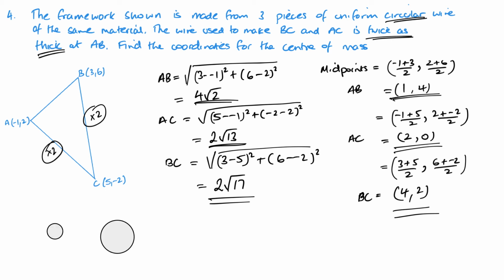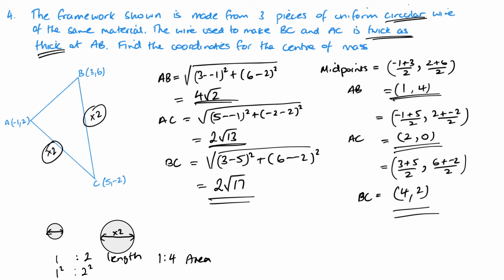So if I've got a circle, and it's now twice as thick as the original, then it's not going to be twice the area, is it? Because it is an area. So if this is in the ratio of 1 to 2 in terms of, say, a length, then that's in the ratio of 1 squared to 2 squared, or better still, 1 to 4 in terms of its area.